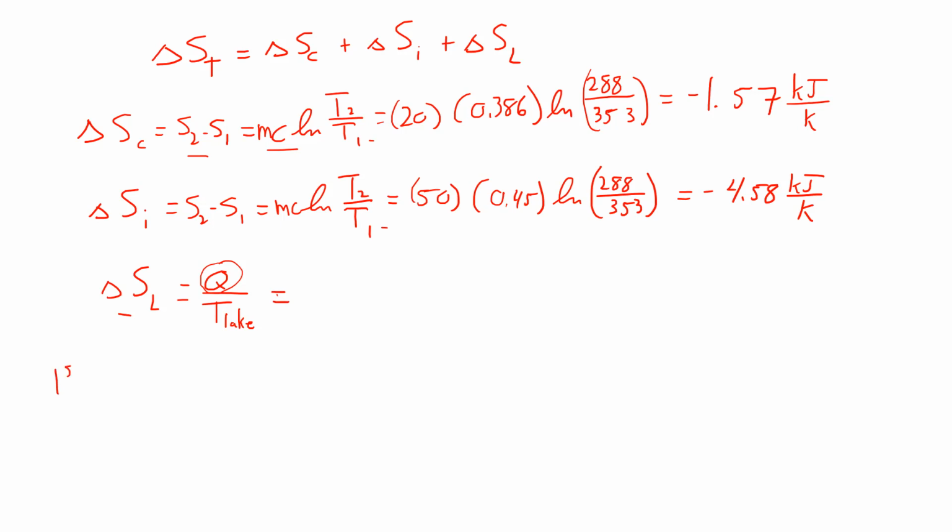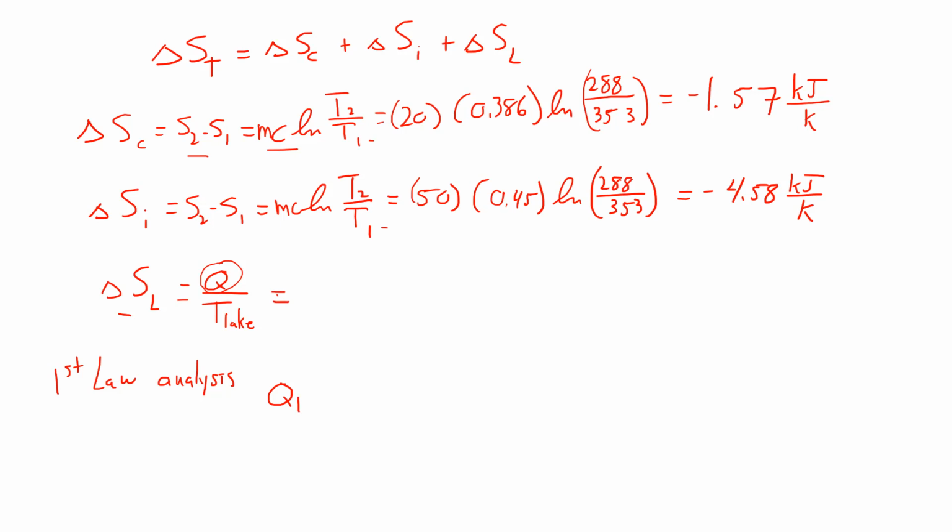So I have to go to a first law analysis in order to quantify the heat transfer to the lake from the two blocks. Now that can be done pretty quickly.